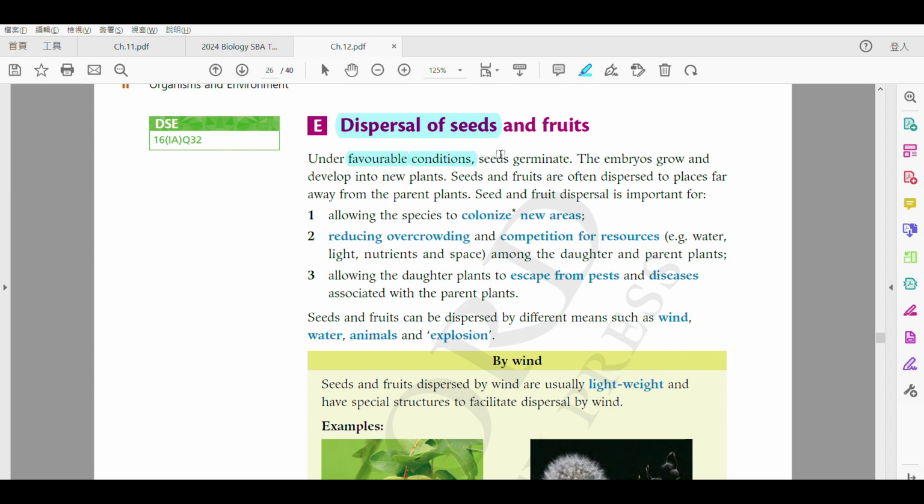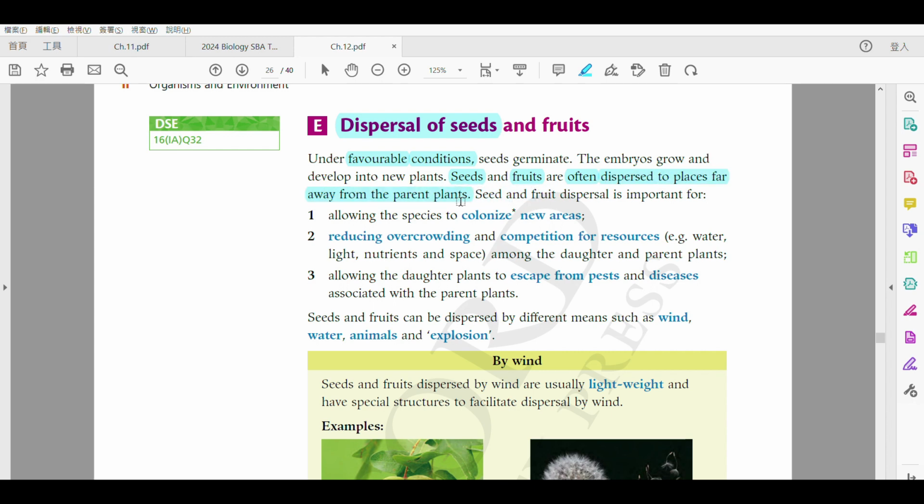Therefore we need to make sure that the seed can disperse easily. Seeds and fruits often need to be dispersed to places far from their parent plants.